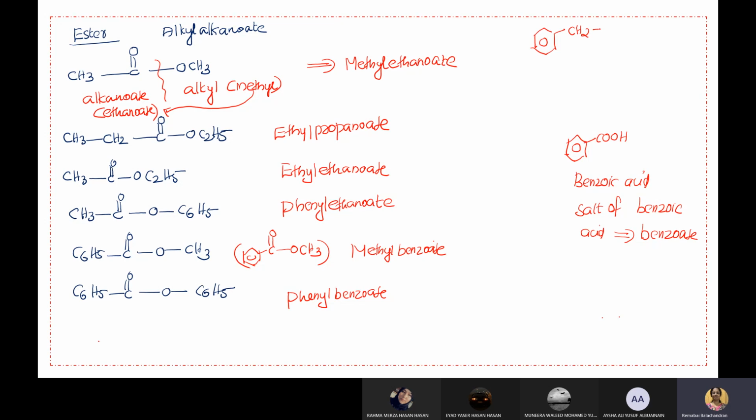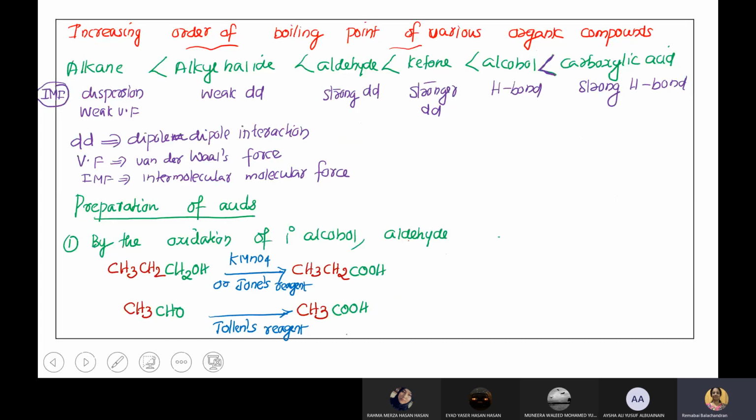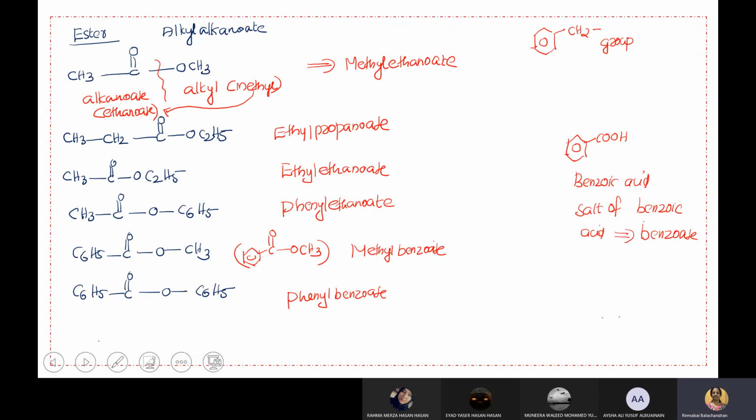This benzene ring with a CH2 group is the benzyl group. This is benzyl. So this is benzyl chloride.